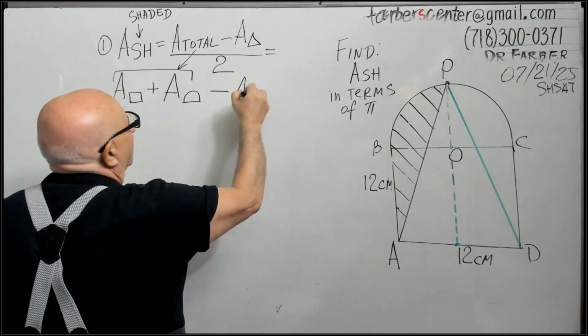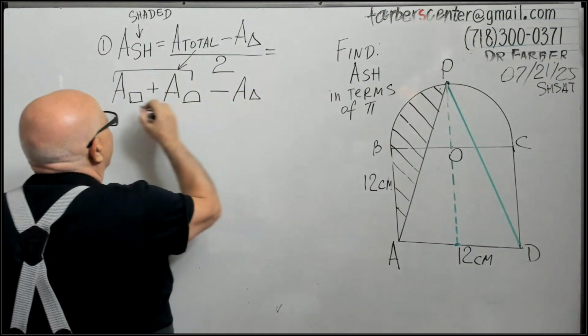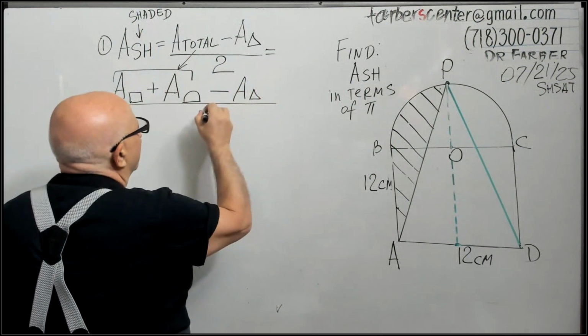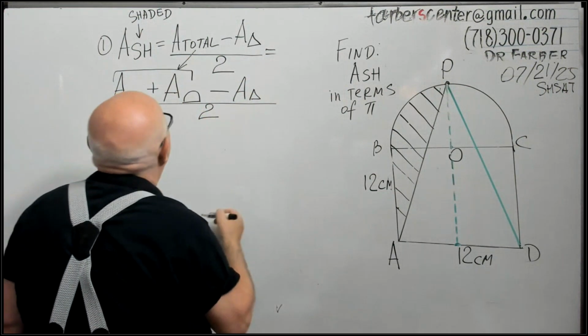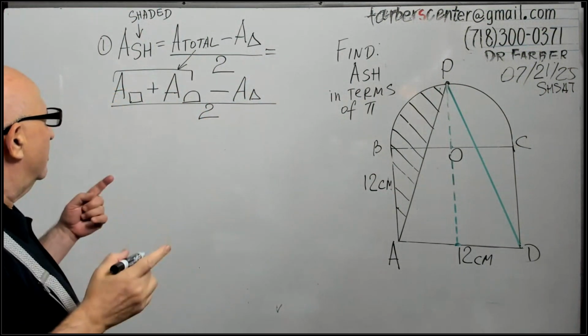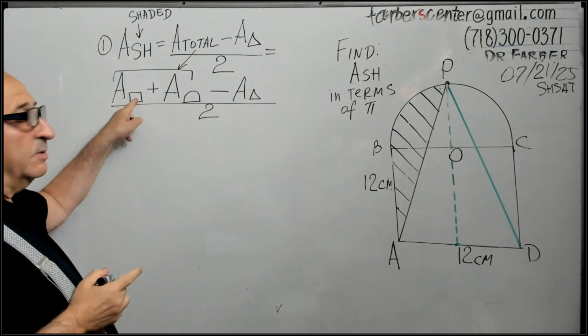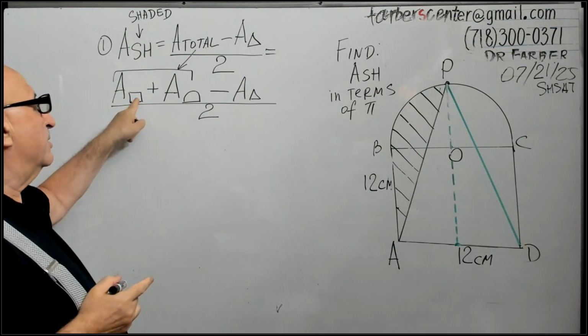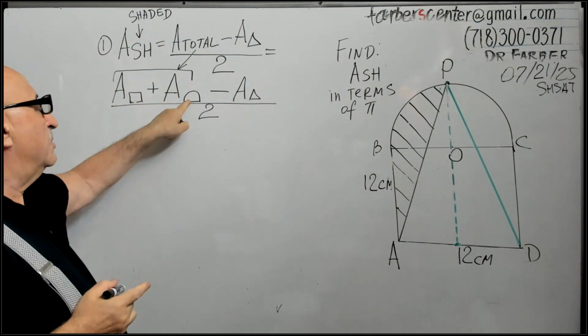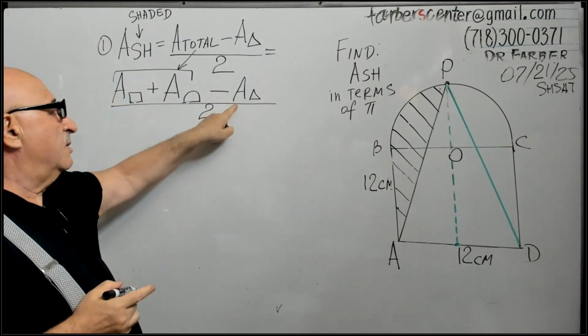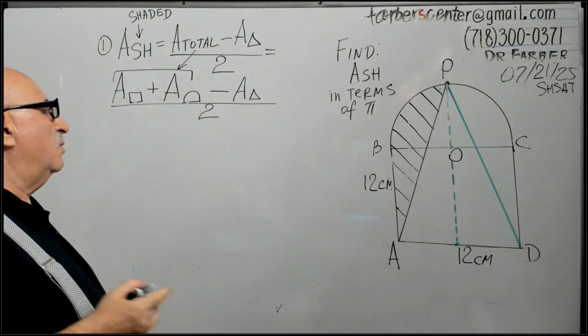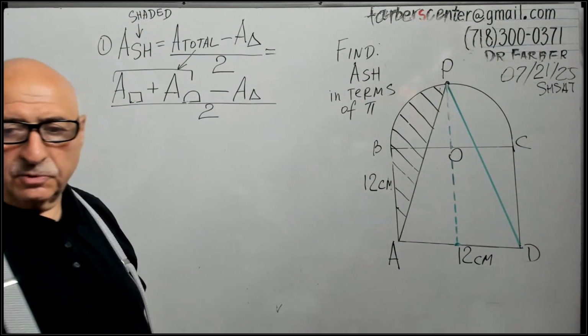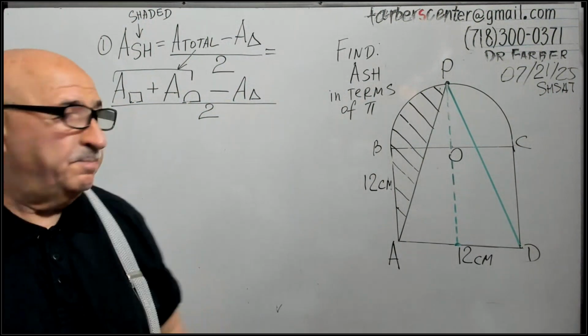And minus area of triangle. Divided by 2. Now we have exactly what we know. Square, you study area of square in 3rd grade. Area of circle, you study in 4th and 5th grade for Mark Twain prep. Area of triangle, you study in 4th and 5th grade. All these formulas you know. So far, so good. This is my goal.